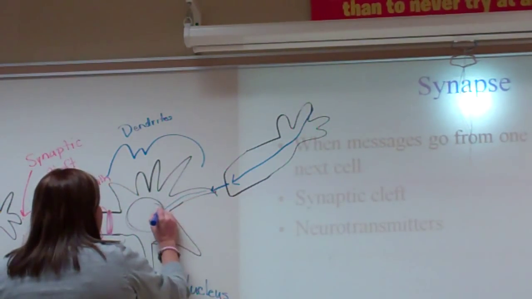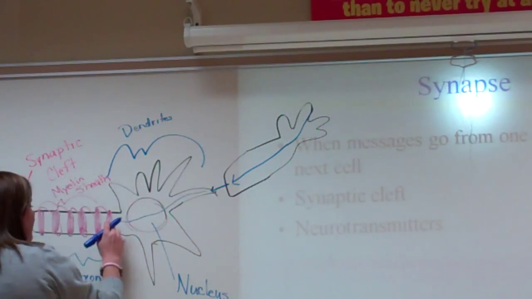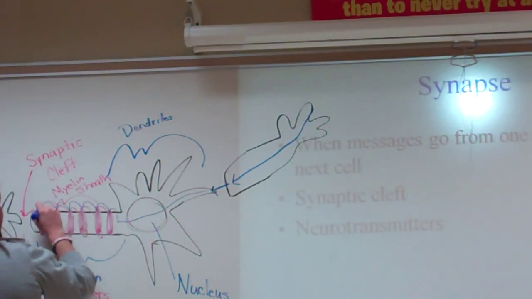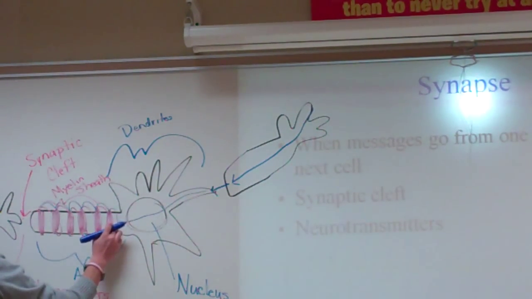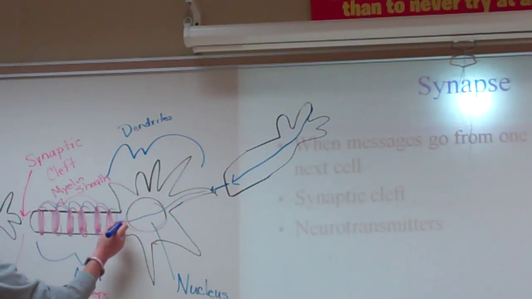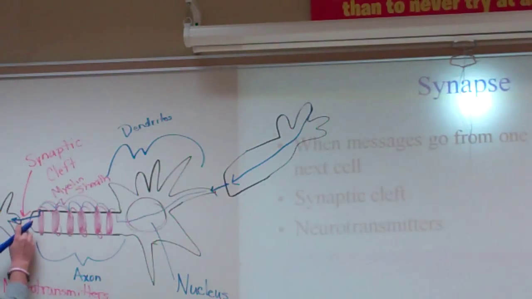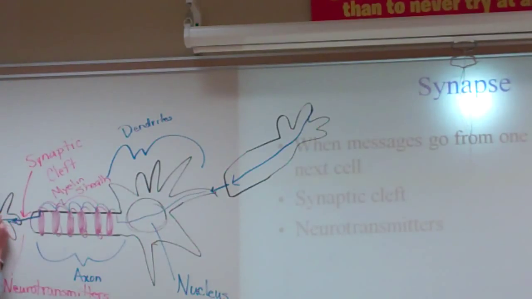From there it goes to the nucleus, and when there's myelin sheath, it can jump. And that makes it faster. I can't draw it on here, but jump, jump, jump. And that way it's faster, and then it can go across the synaptic cleft again into another neuron's dendrites.